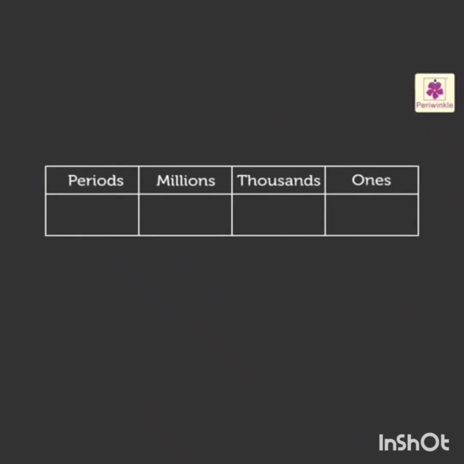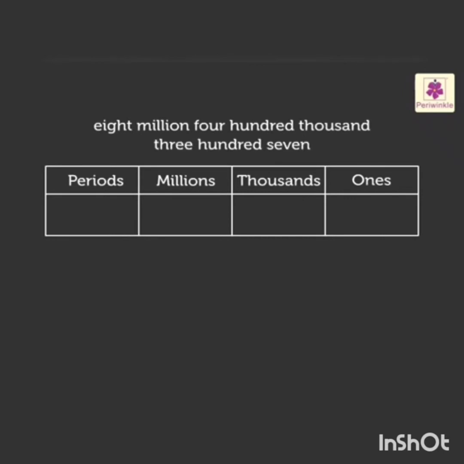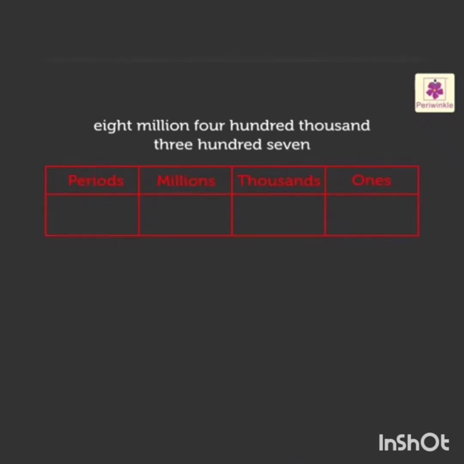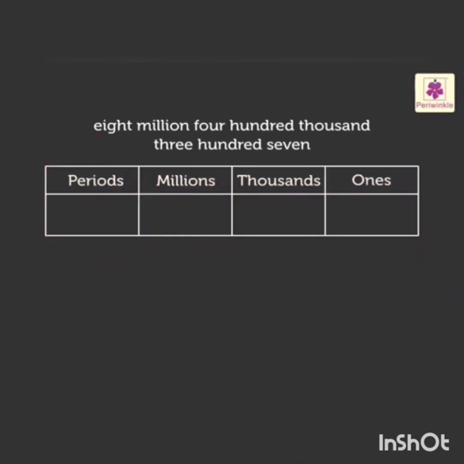Similarly, we can write 7-digit numbers in the standard form using the periods. Example, 8,400,307. Place the digits in the place value chart starting with 8 millions in the million period. Next, 400 in the thousand period.